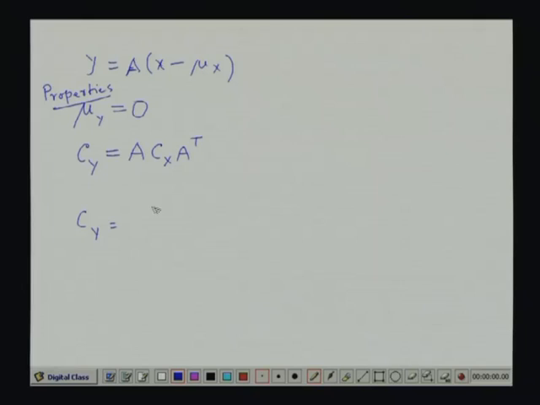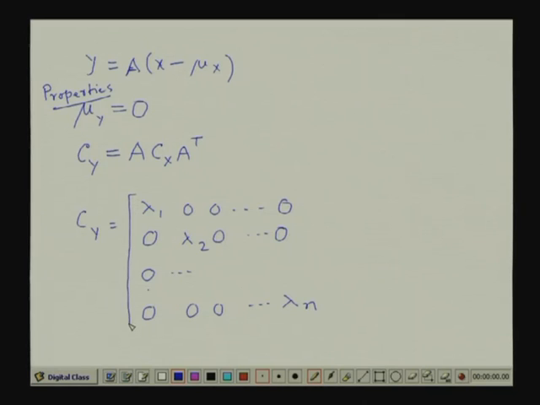So, this Cy will be of the form lambda 1, 0, 0, and it continues like this: 0, lambda 2, 0, and so on, finally ending with 0, 0, lambda n. So, this is the covariance matrix of y, that is Cy.